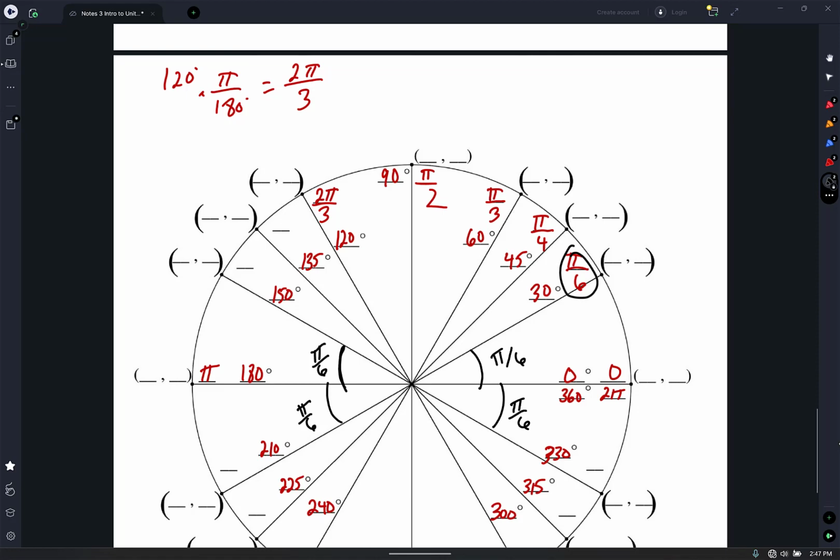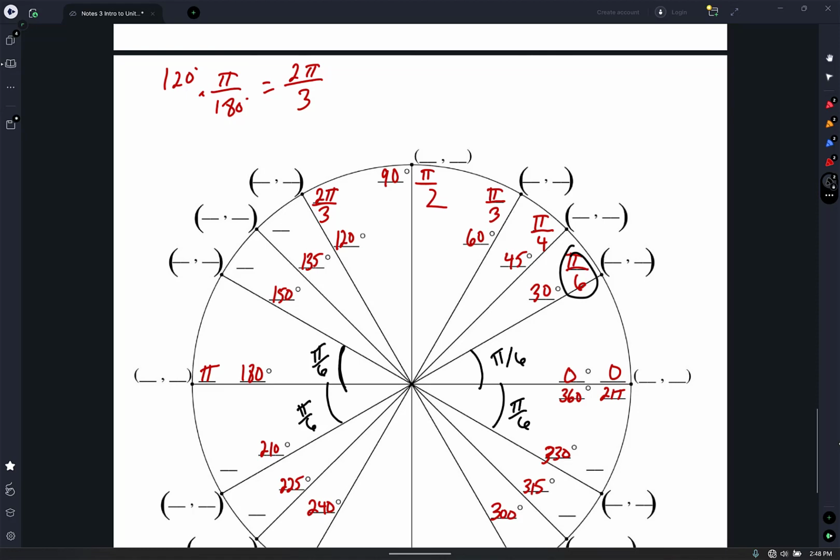Then use your mental energy. If this is pi over 6 and it's only pi over 6 away from pi, what do you think this is, that when I add pi over 6 gets me to pi? Someone say it. 5 pi over 6.